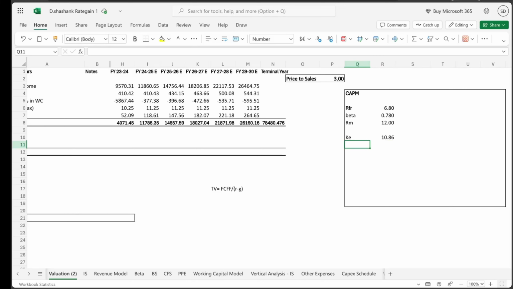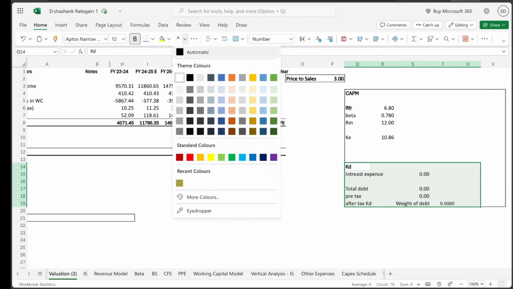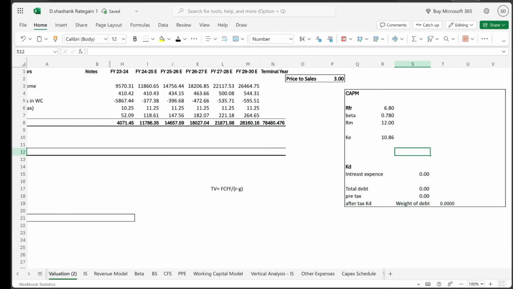So this is our cost of equity. Then for WACC we also need cost of debt, but fortunately this company is debt free, so the cost of equity is going to be our WACC.